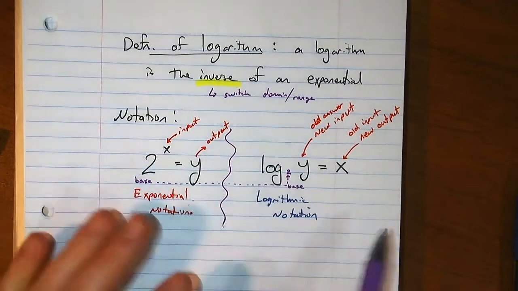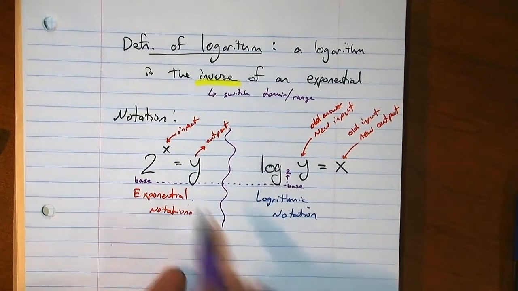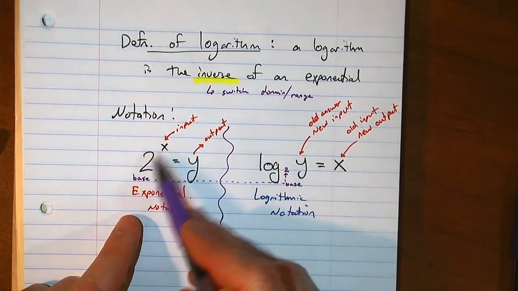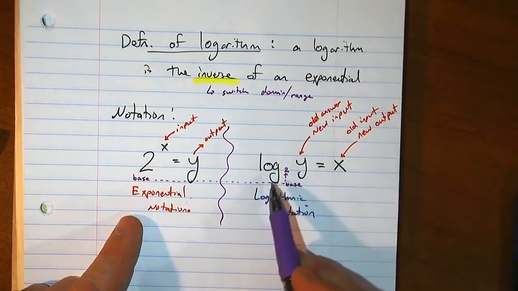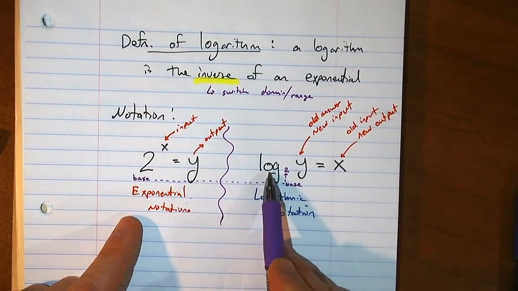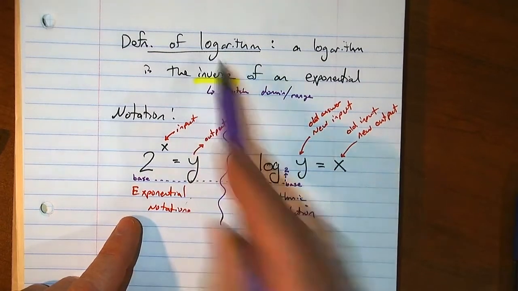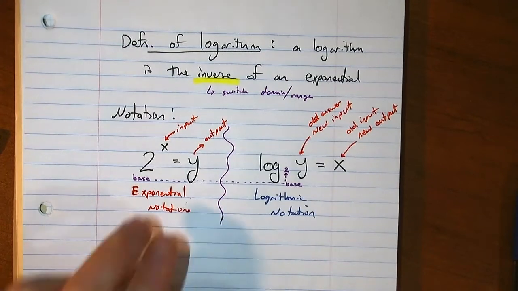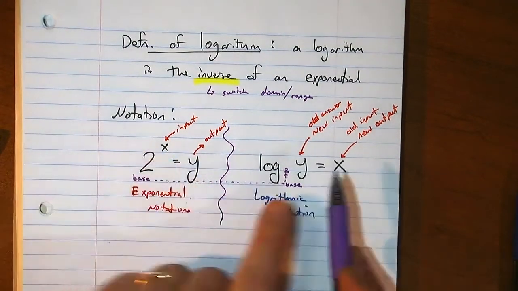So notice the way that I'm switching back and forth. Instead of writing it with a superscript, like an exponential power type of deal, I'm writing with a subscript. Okay, and then I use just the abbreviation log to represent my logarithm. And then the only other thing is I'm taking my input and my output and I'm switching them.